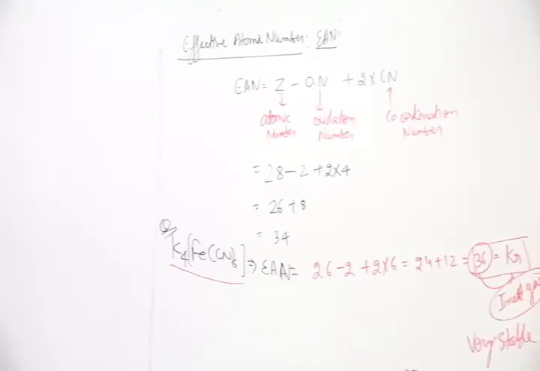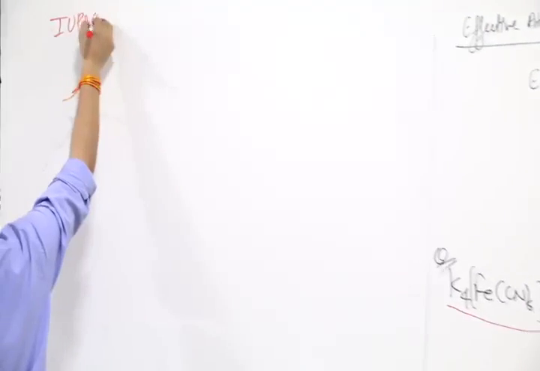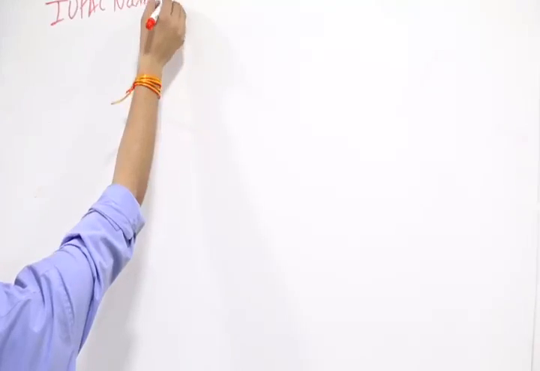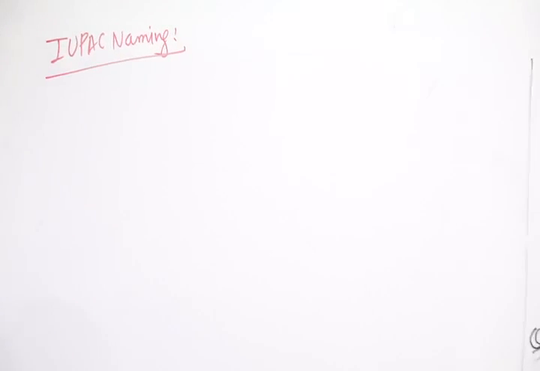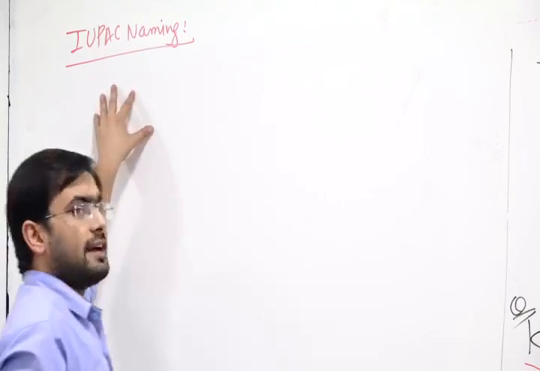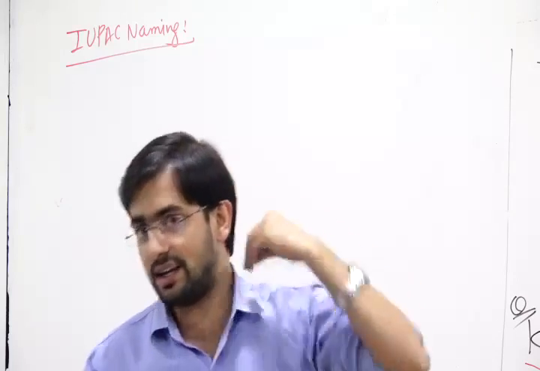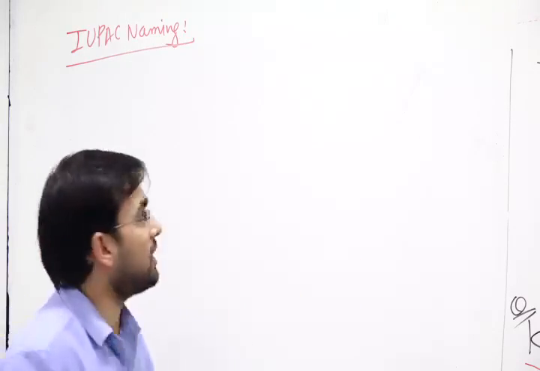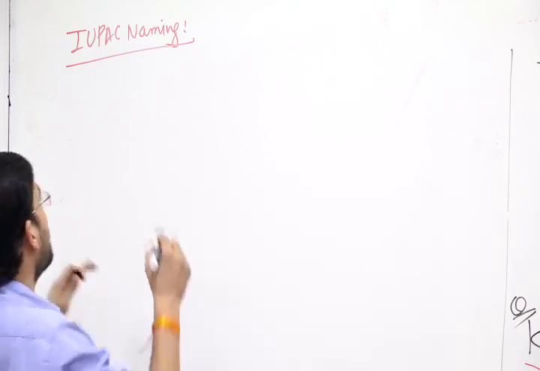Okay, now the next topic is IUPAC naming. This is not IUPAC naming of organic compounds. This is IUPAC naming of inorganic compounds, especially coordination compounds. How do I write?